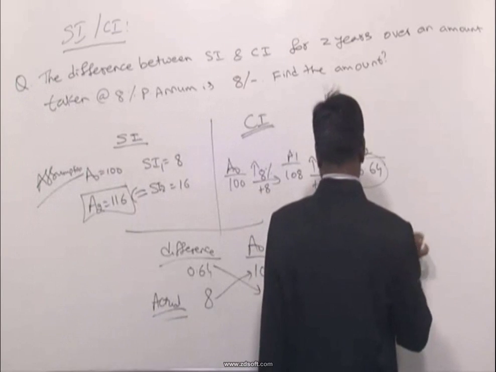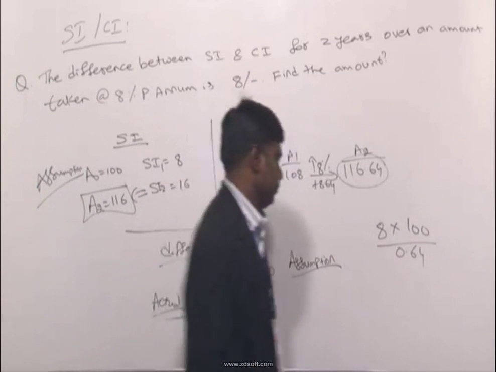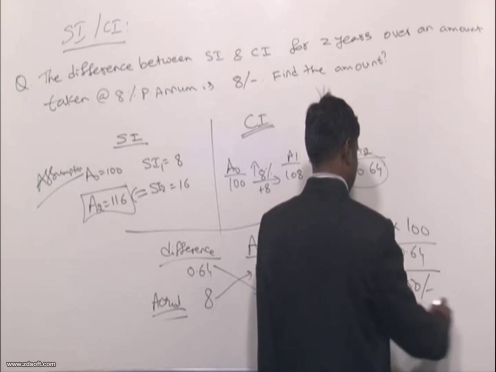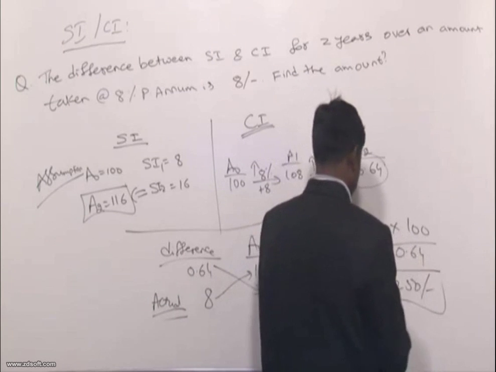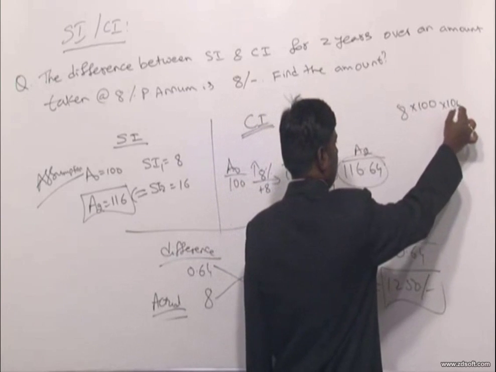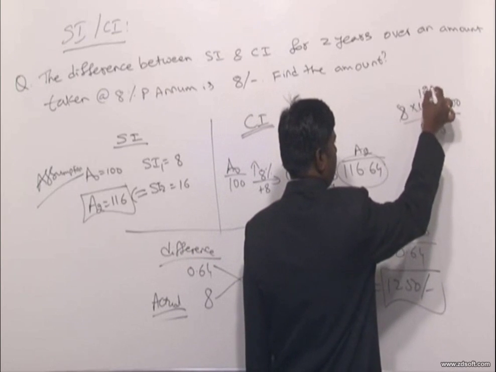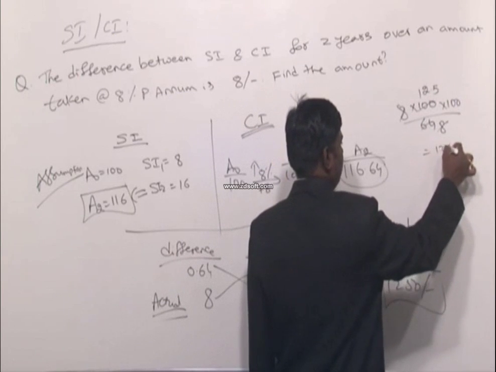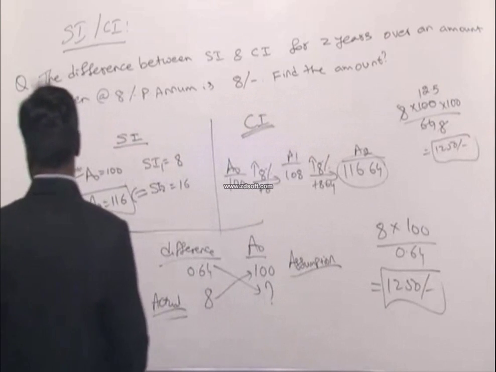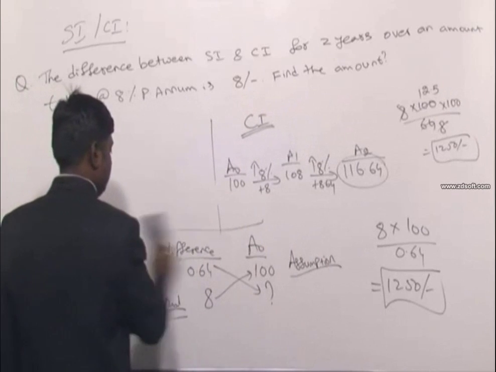So 8 into 100 divided by 0.64. Right? So this is as good as 8 into 100. Multiply and divide this by 100. You get 64. 8 ones are 8, 8 twos are 16, 8 fives are 40, 1250 rupees. That's the answer. That's about simple interest and compound interest.